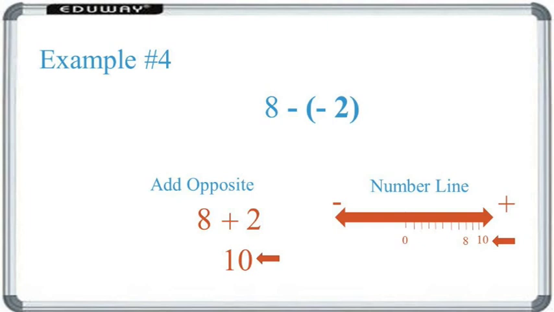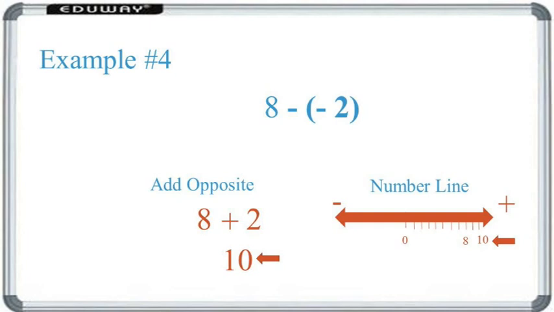I am going to start with the 8. So here is my 0, 1, 2, 3, 4, 5, 6, 7, 8. I am going to subtract, which means go to the left, minus 2. Here is where it gets a little tricky. You are going to subtract, but the number you are subtracting is a negative number. A negative number tells you to reverse your direction.